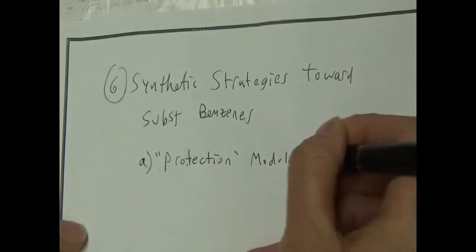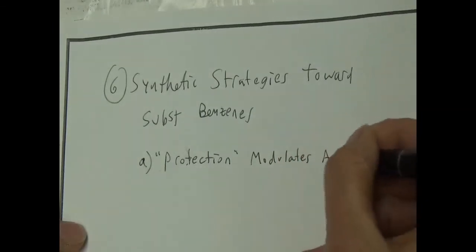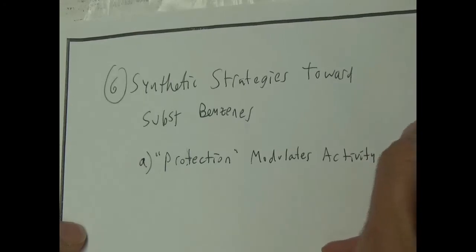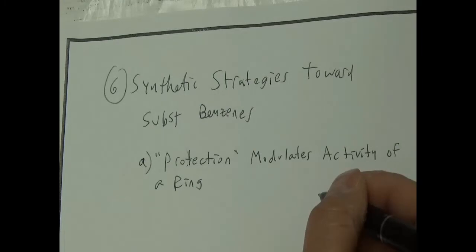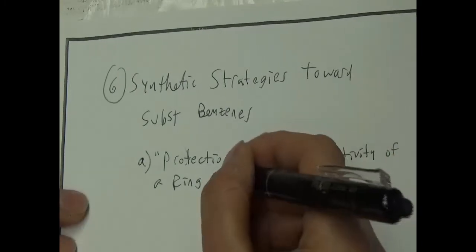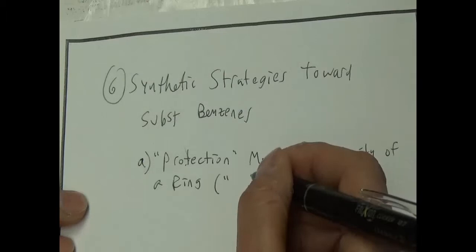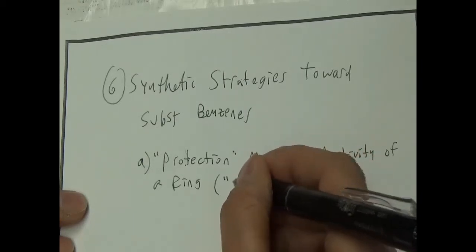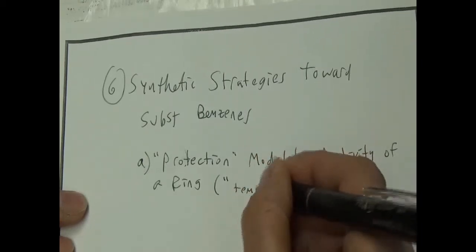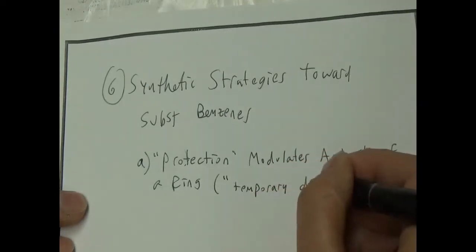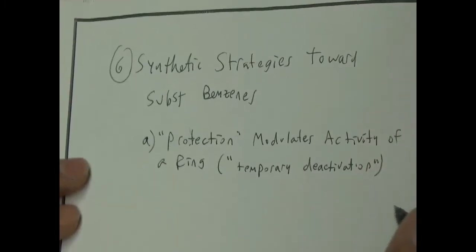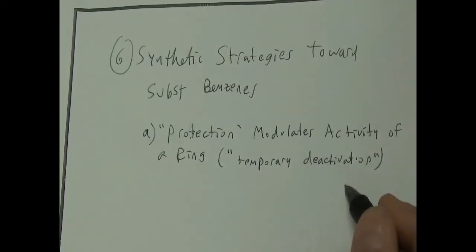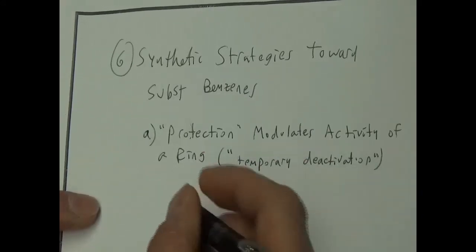So protection modulates the activity of a ring. Other words I'll use to describe this are temporary deactivation. Okay, because remember, some things are really active, and if they're overly active, it may actually cause problems, and we'll see that.